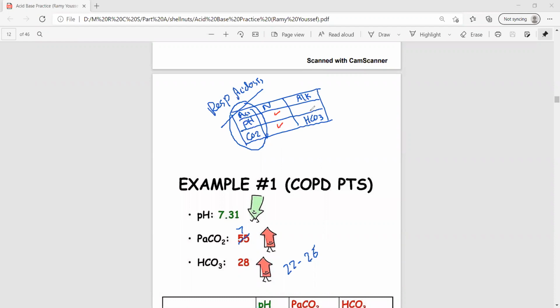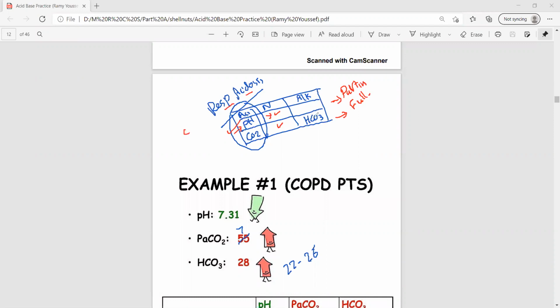But if I find it in the other arm, it is compensated. Partial or full depends on the pH. If it is partial, the pH will still be acidotic. If it is fully compensated, the pH will be back to normal.